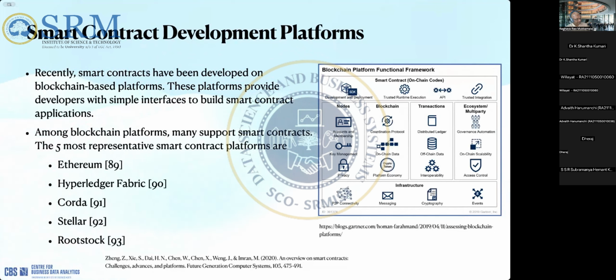But getting Hyperledger Fabric configured correctly and running it perfectly is really a big challenge. So that's why we will focus more on the Ethereum platform.